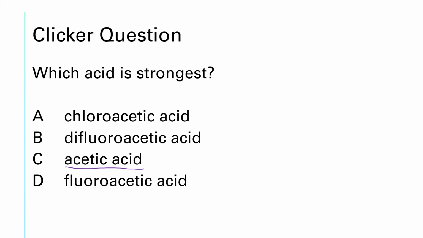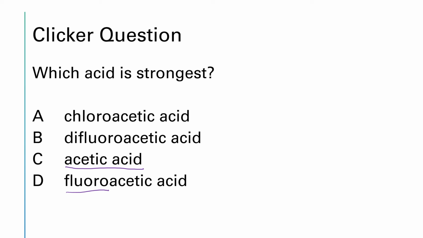In answer D, we have fluoroacetic acid, which would indicate that one of the hydrogens has been replaced with a fluorine. So if we were to compare the molecule in answer A with the molecule in answer D, the fluoroacetic acid in answer D will be more acidic because fluorine is more electronegative than chlorine.